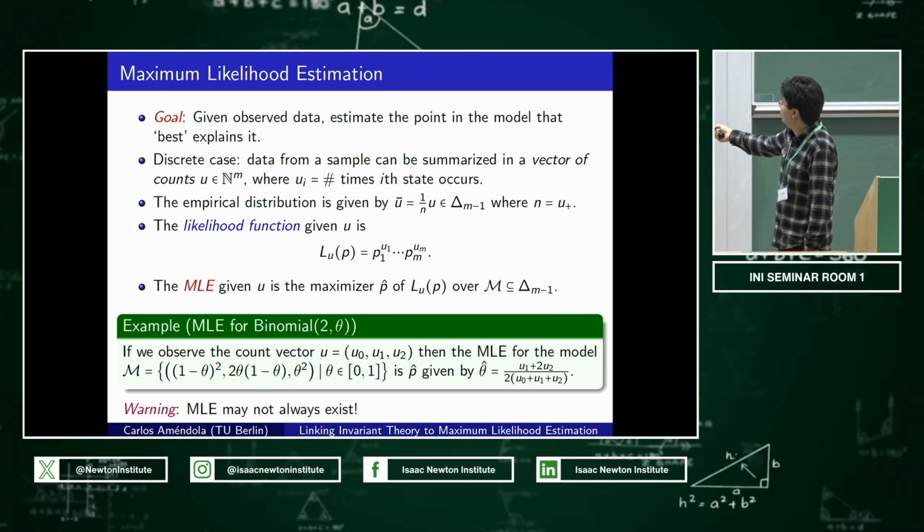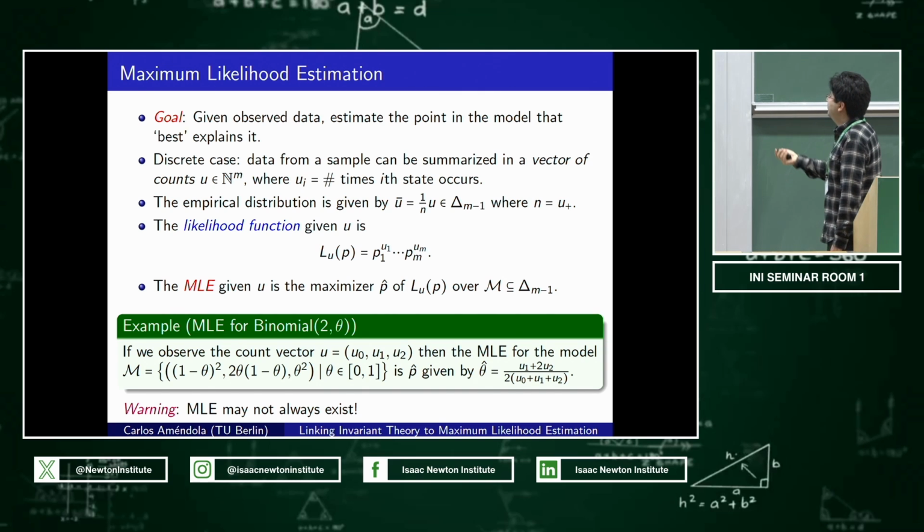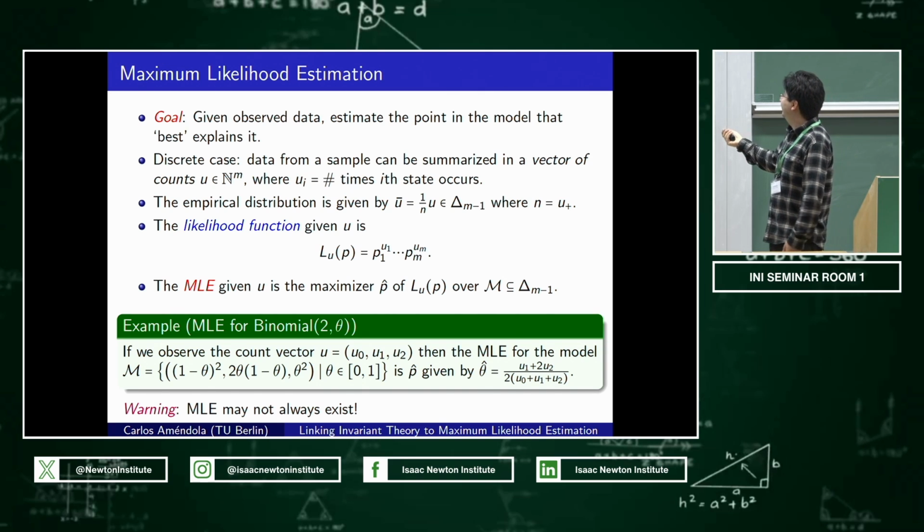So you observe u1 every time you observe 1, and then 2 times u2 whenever you observe u2. And this is the total number of heads, and this is the total number of throws, right? So you do u0 plus u1 plus u2, and since every time you're doing the experiment twice, it gets multiplied by 2. And so this would be like the classical frequentist approach would give you this estimate as well.